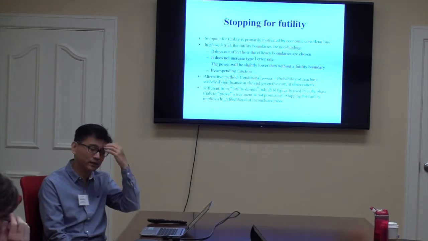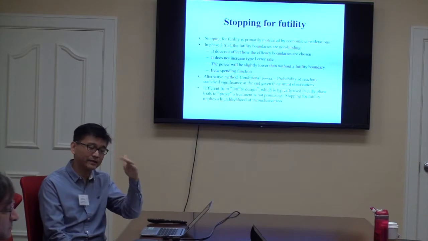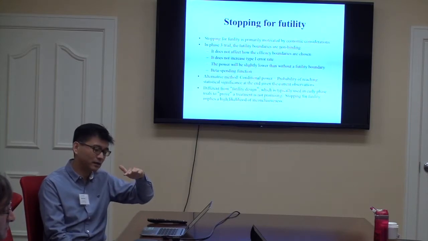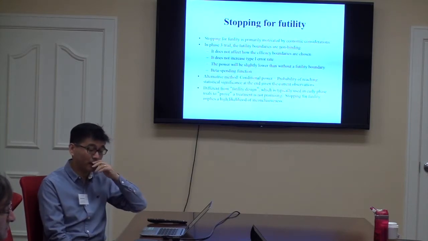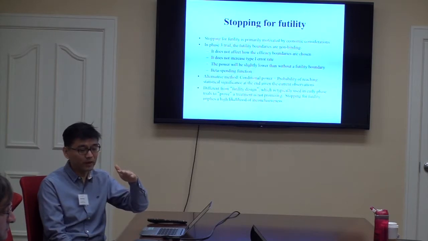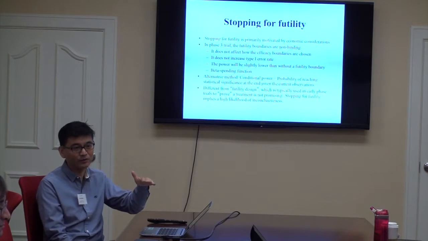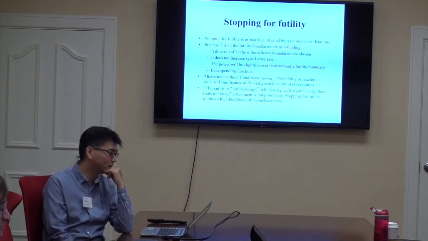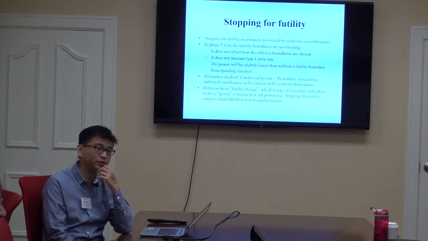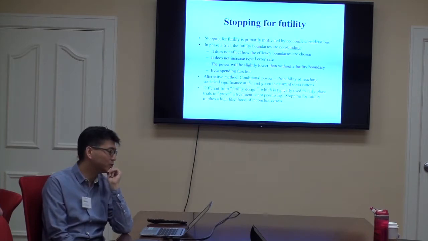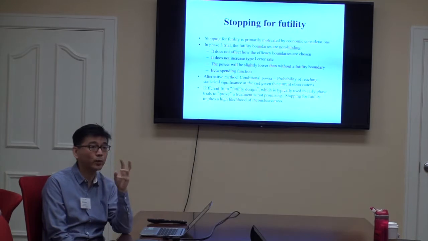In order to create the futility boundary, you do need to make some assumption, unlike the stopping boundary for efficacy, where all the assumption you need to make is under the null, which is always zero difference, right? That's the reason why I like to use conditional power as a way to make interim decisions for whether we want to stop a study early for futility.